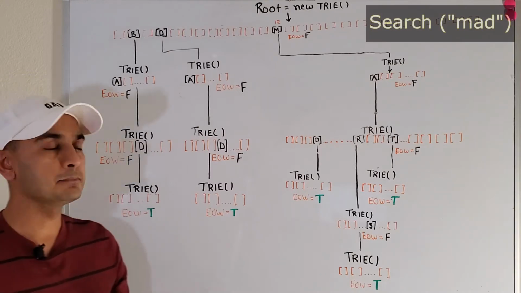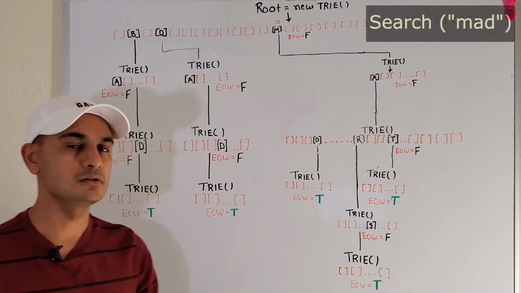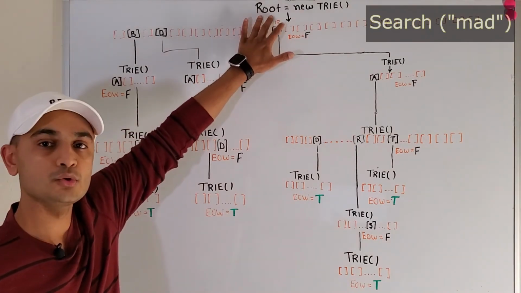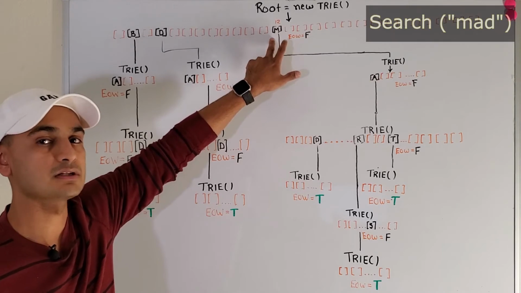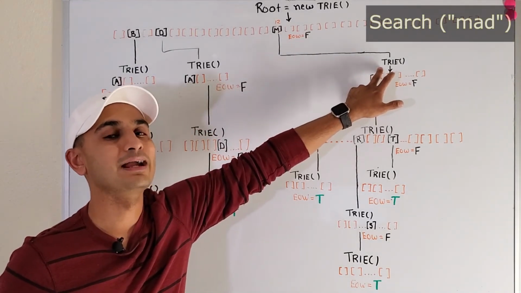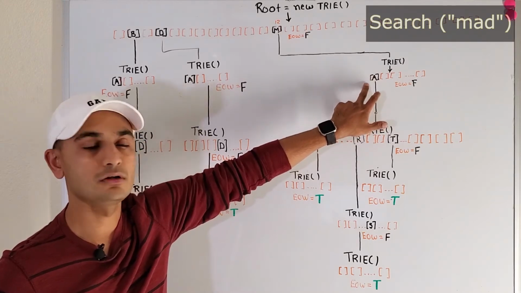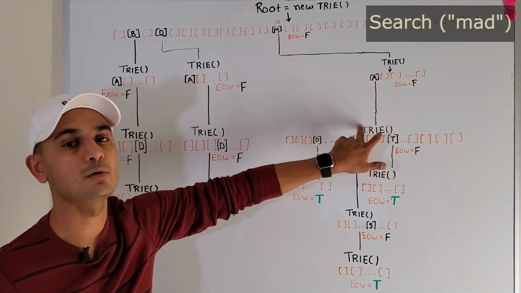For example, let's see if we have to search "mad" in this trie data structure. We'll start with the root. We'll look at the 13th child, which is M. Is it initialized? Yes. So we'll go to that object. We'll look at letter A, which is the 0th object. Has it been initialized? Yes. So we go to that object.